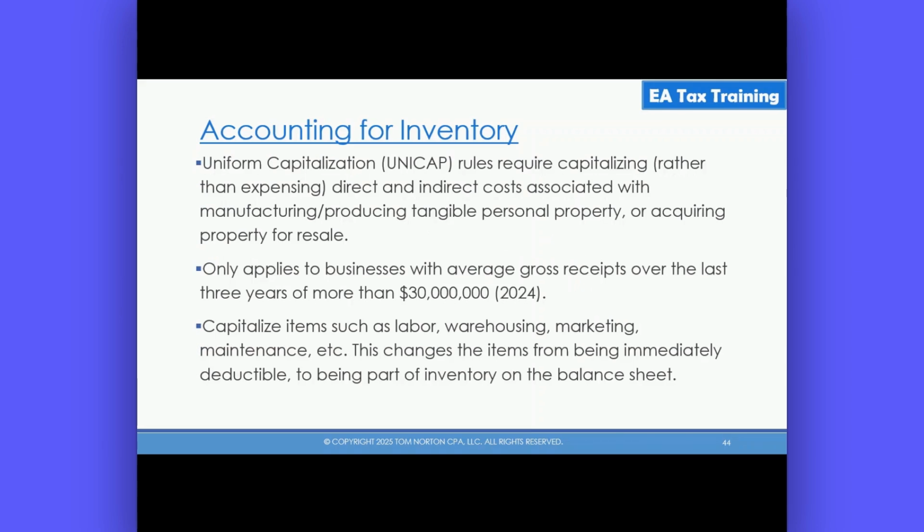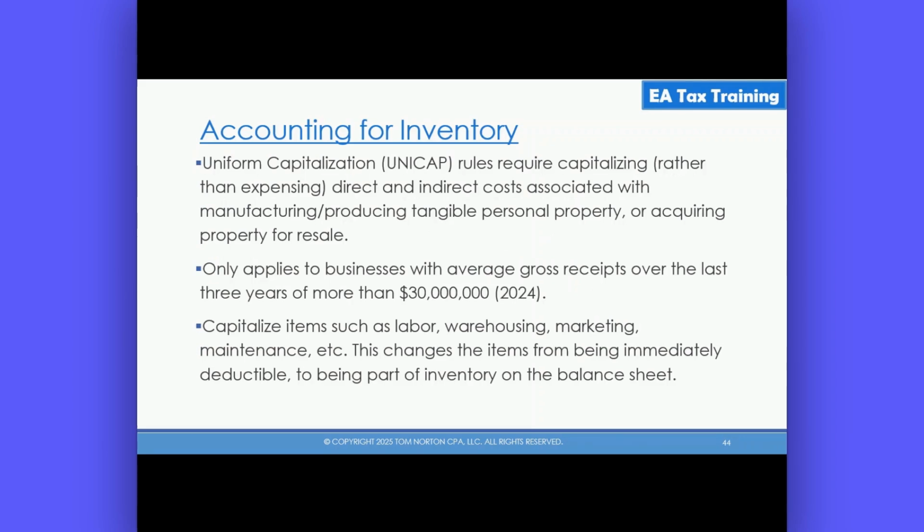And you're going to capitalize items such as labor, warehousing, marketing, maintenance, etc. This changes those items from being immediately deductible to being part of inventory on the balance sheet. So remember, we said capitalizing an item means putting it on the balance sheet rather than deducting it currently. So that's what UNICAP does.